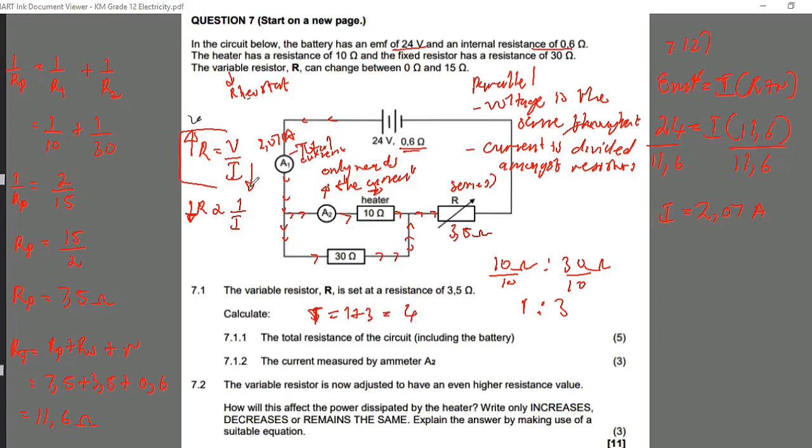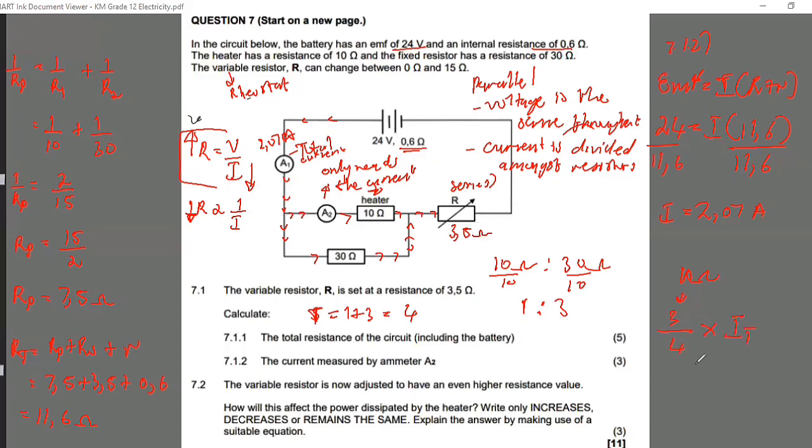So now, seeing this relationship here, that if one has a bigger resistance, then it must have a lower current. If we look at it this way, that means the 10 ohm resistor will actually have 3/4 of the total current.